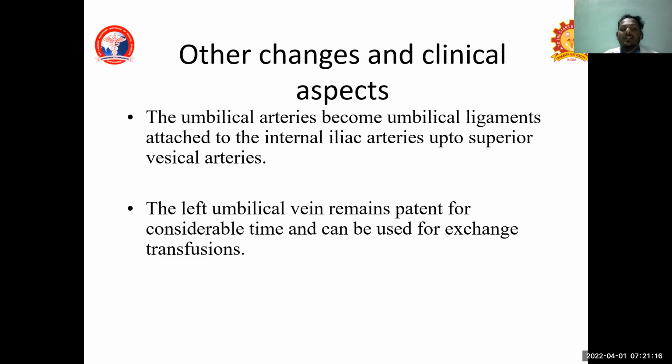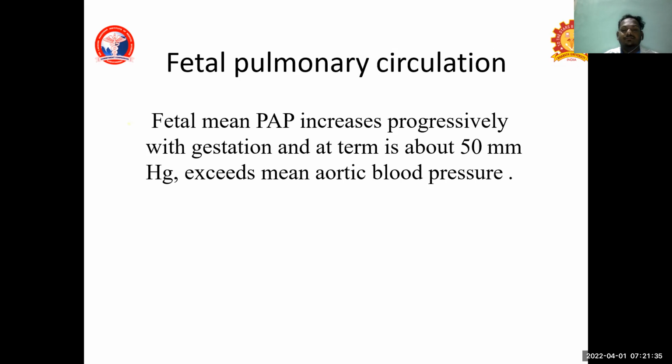Other changes and clinical aspects: the umbilical artery becomes an umbilical ligament attached to the internal iliac and to the superior vesical arteries. The left umbilical vein remains patent for considerable time and can be used for exchange transfusions.